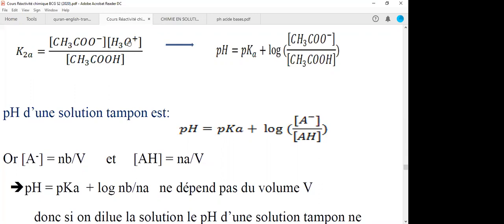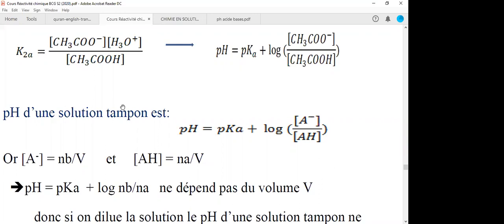Here we want to make H3O plus the subject of the formula, so we divide both sides by the concentration of CH3COO minus. Meaning the concentration of H3O plus is equal to Ka times the concentration of CH3COOH, everything divided by the concentration of this base conjugate.